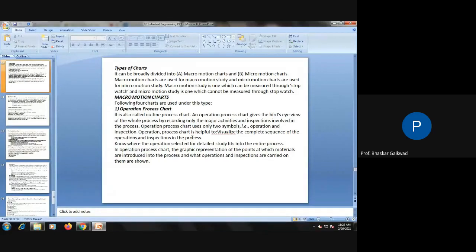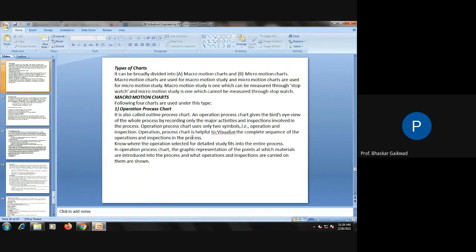Inspection is one activity, and you have to show it by this rectangle. So what you have to remember: two names of the operation process chart and two symbols, operation and inspection. Operation process chart is helpful to visualize the complete sequence of operation and inspection in the process. It indicates the complete sequence of operation and inspection.